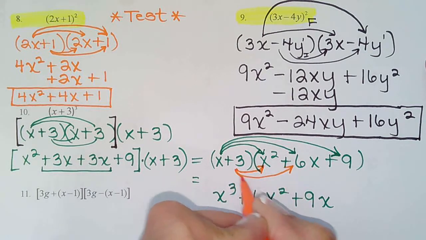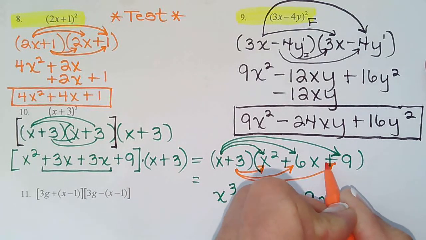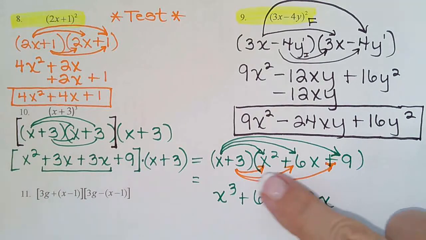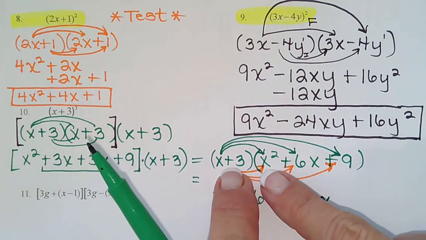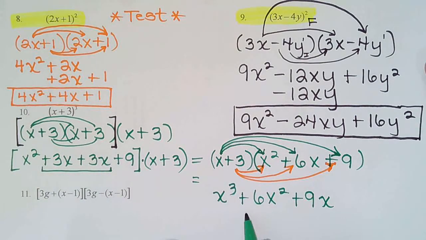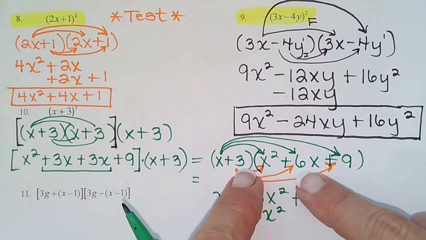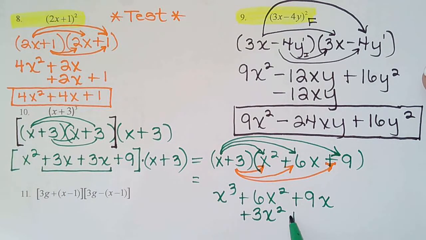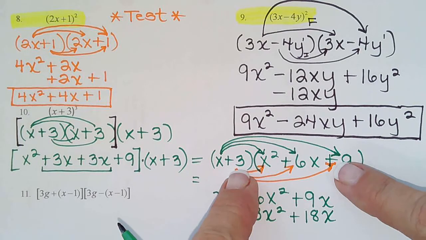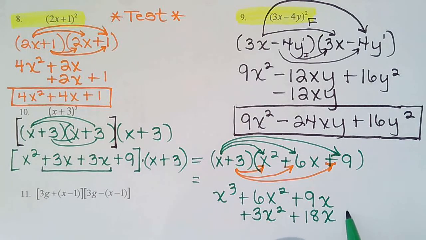Remember, we're distributing both. So that turns into plus 3x squared. So go underneath your x squared term and write 3x squared plus 18x. So go underneath your x term and write your like term. And then plus 27. That doesn't have a like term, so we'll just put it here at the end.